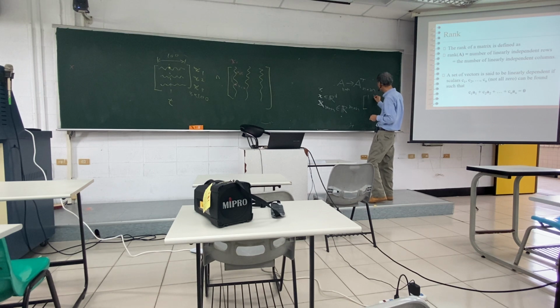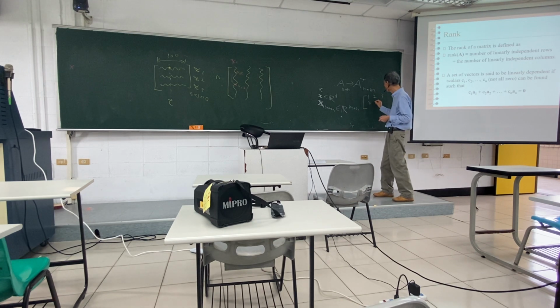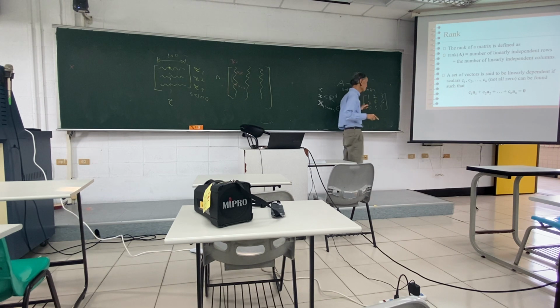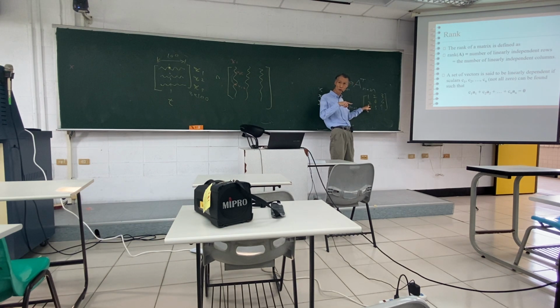If I have something like this, the rank is 2, just 2, because the first row and second row are linearly dependent. The first row times 2 will equal the second row. So the first and second rows are dependent, so the rank is only up to 2. Everyone follow? That's how we define the rank of A.